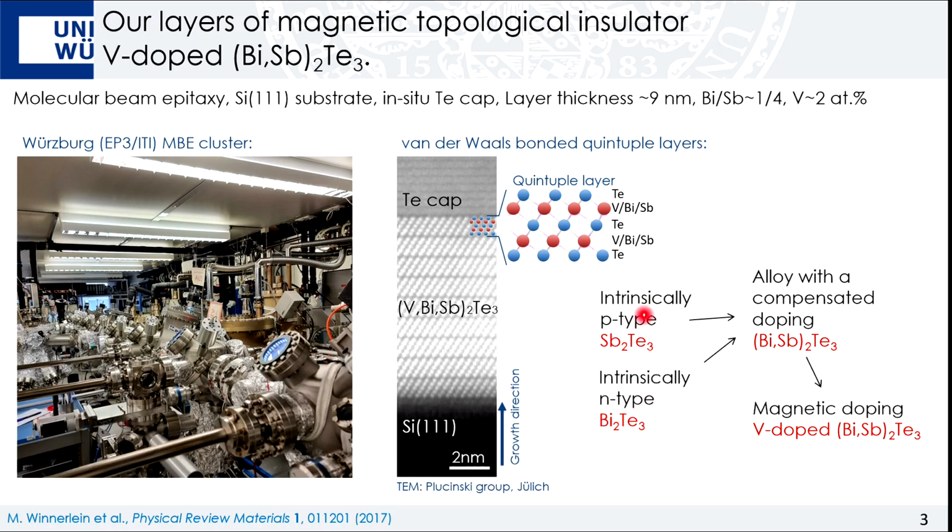The intrinsic doping is a result of intrinsic defects formed during growth, and these defects are notoriously difficult to get rid of. So you grow an alloy to counteract this doping, to make the film as insulating as possible. We also add vanadium to introduce ferromagnetism.